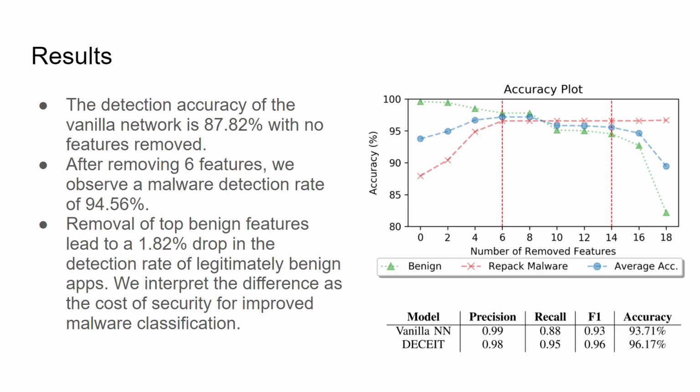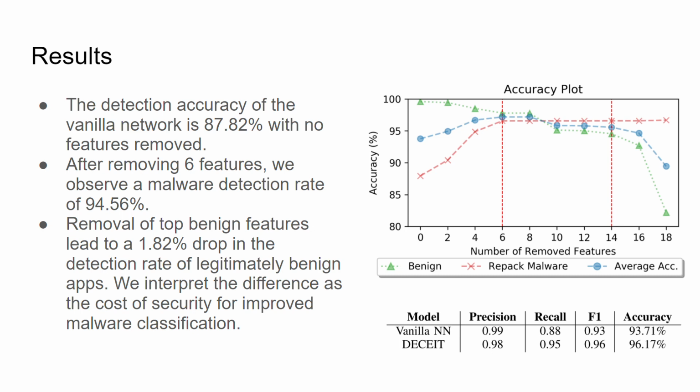On the right-hand side, we have a plot on the top which gives us the accuracy of benign and repackaged malware. The red line represents the detection accuracy of repackaged malware, and the green line represents the detection accuracy of benign apps. In the vanilla network with no features removed at all, we see the detection accuracy of malware is 87.82%.